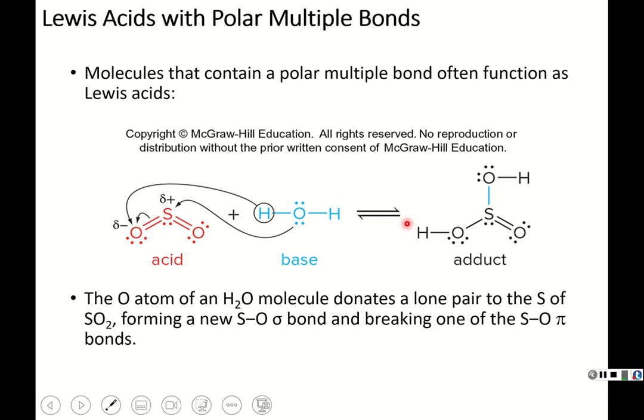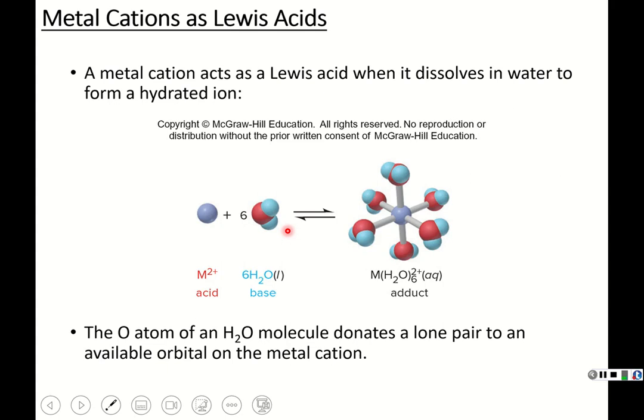You can have Lewis acids that have multiple polar bonds, so something like SO2 can act as a Lewis acid and accept electrons and form an adduct, in this case with H2O. The other main class of Lewis acids that you commonly see are metal cations.